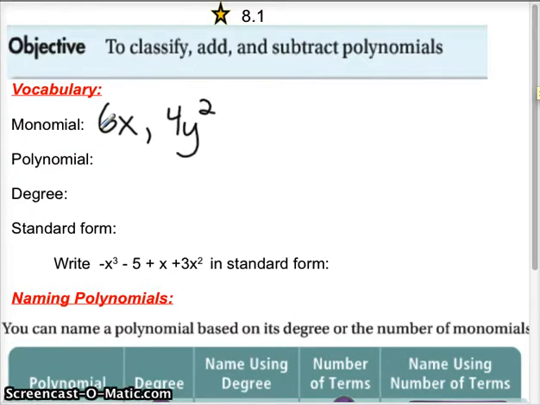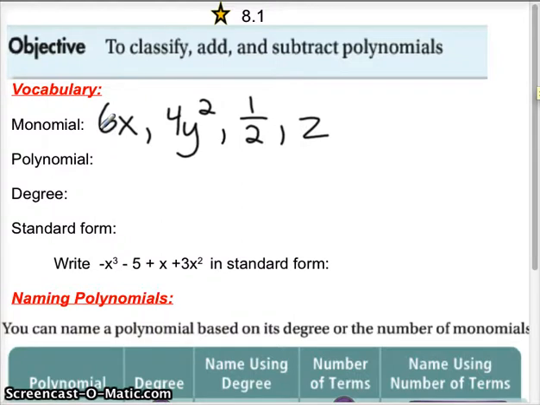A monomial can also have an exponent on its variable. It could be just a number. You could have 1/2. Or just a variable without a coefficient. So, any one of those things is considered a monomial. Again, meaning a coefficient multiplied with a variable.